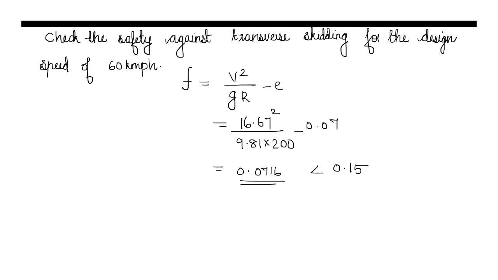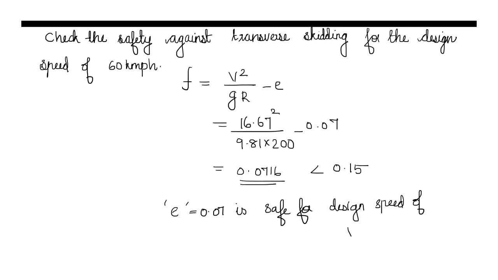And we can understand that the super elevation that we adopted, that is 0.07, is safe for the design speed of 60 km per hour.